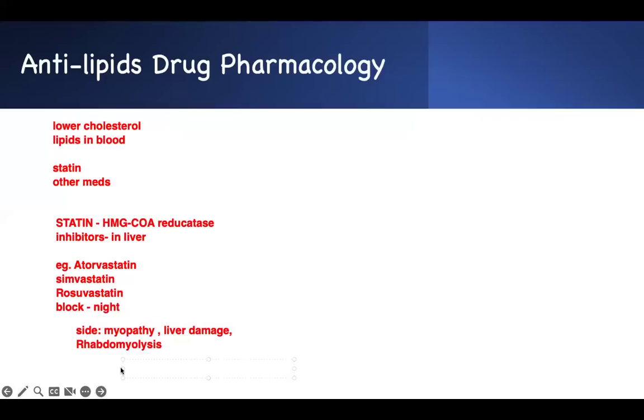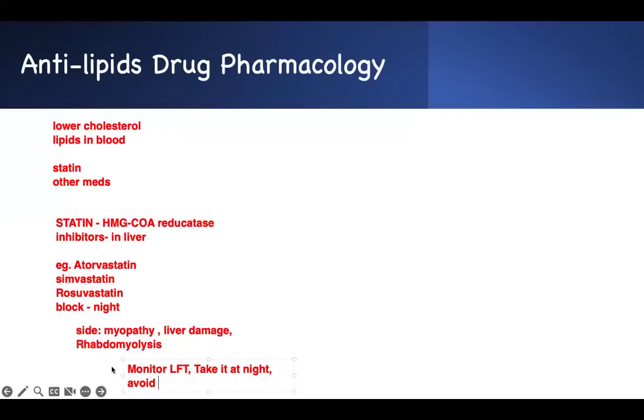So what nursing teaching do you give them? Nursing will monitor LFTs, liver function tests, probably every 6 months, right? Take the medication at night. Very, very important. This is NCLEX classic teaching. Take it at night, and avoid grapefruit juice.